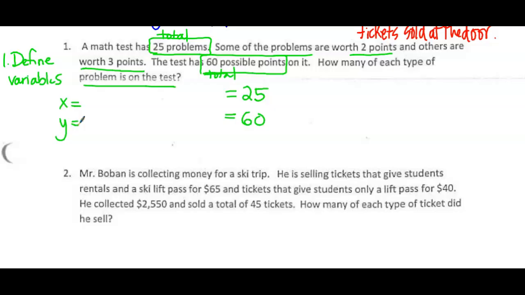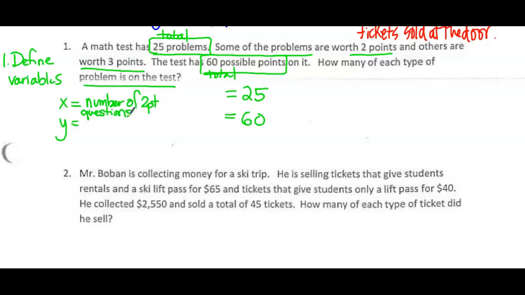So I'm going to make x number of 2-point questions. Do not just write 2-point questions, because you have to use a word that is measurable. Number of 2-point questions, because things are going to change tomorrow.